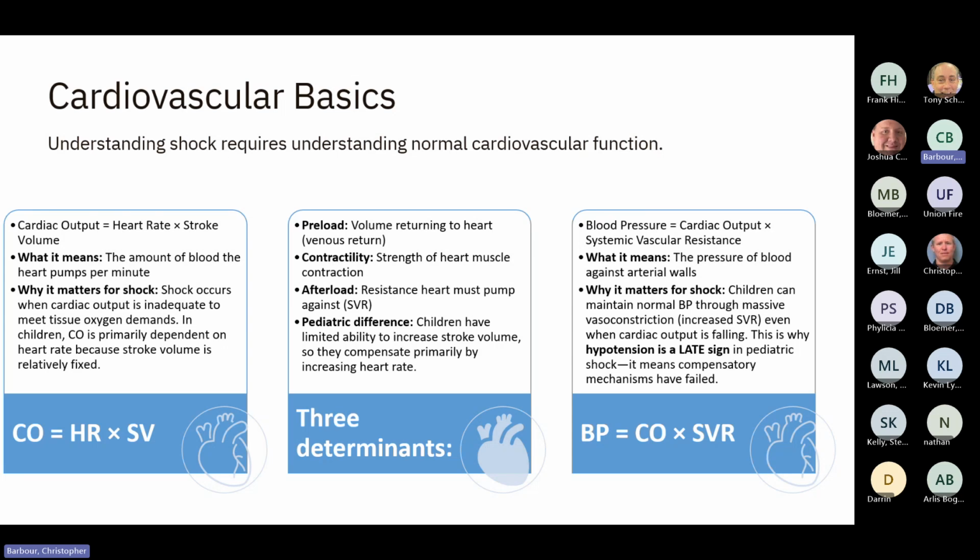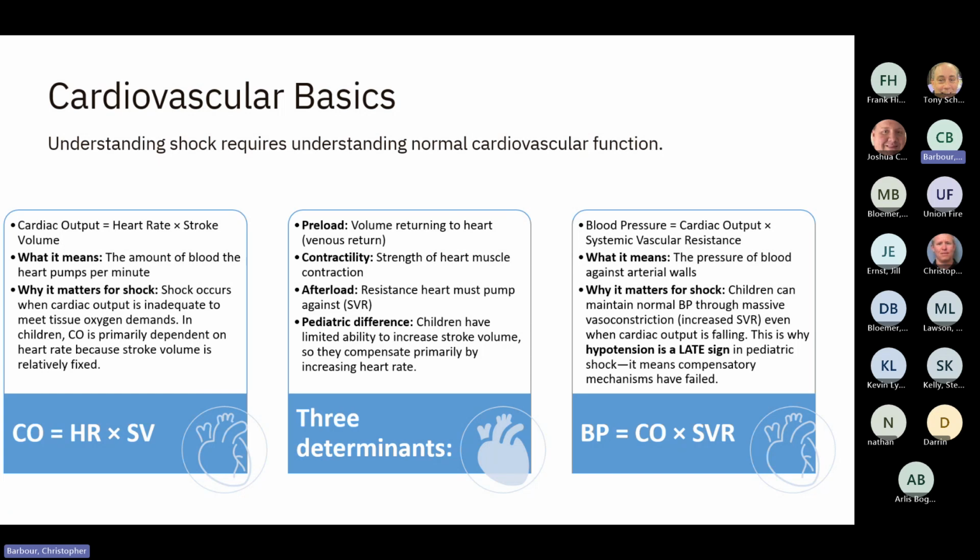If your heart cannot adequately move the blood around, then you're going to have a lack of oxygen and nutrients to the cells. Children will kick up their heart rate in response to this, mostly because their left ventricle isn't strong enough to increase the heart's push of that blood through the system.